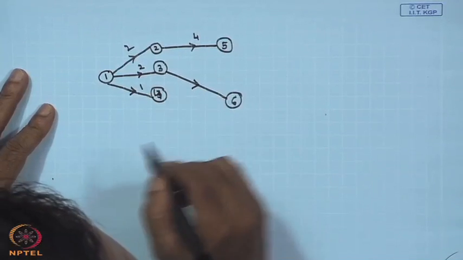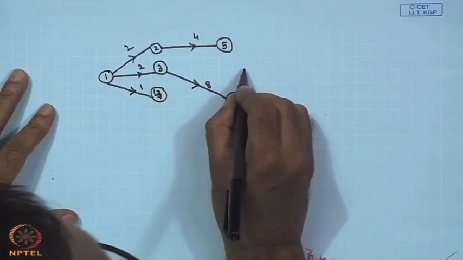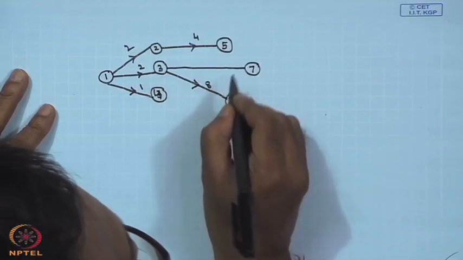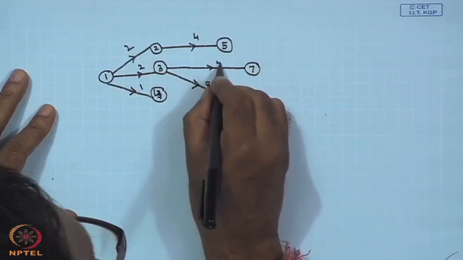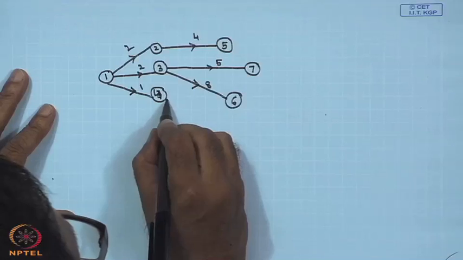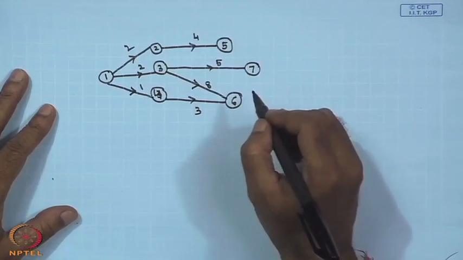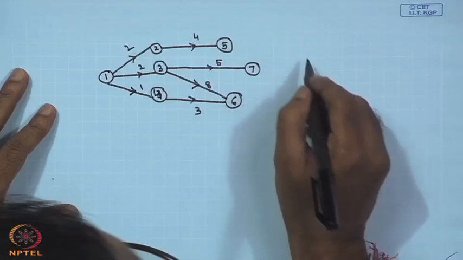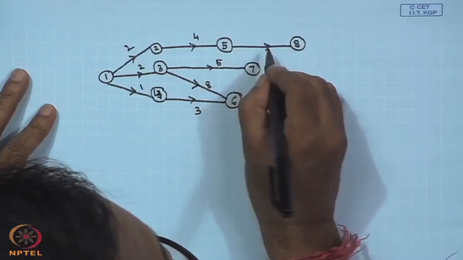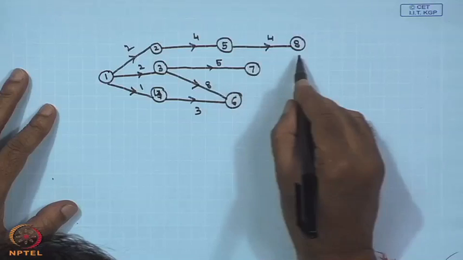From 3 6 the time is 8, then we have 3 7, time duration is 5, then we have 4 6, that is 3, and after 4 6 we have 5 8. So, I am drawing 5 8 here, and 5 8 is 4.